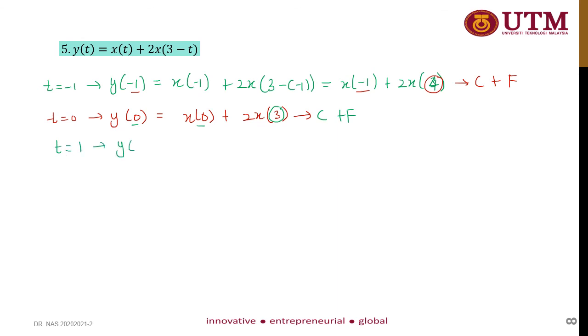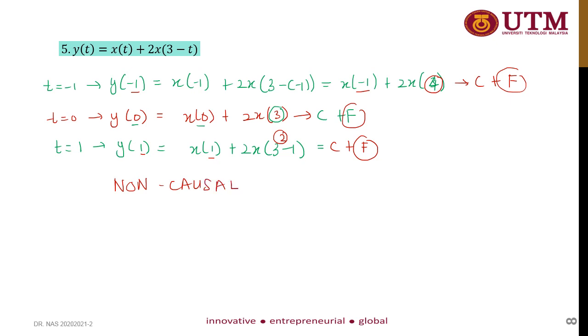So y(1) equal to x(1) plus 2x(3 minus 1). Here the current state is 1, and you have 3 minus 1 is 2, so you have future values. So current plus future. Again, let's check the overall system classification. You notice that there are future values in the equation, so automatically the system is non-causal.